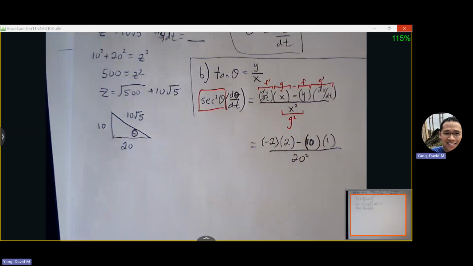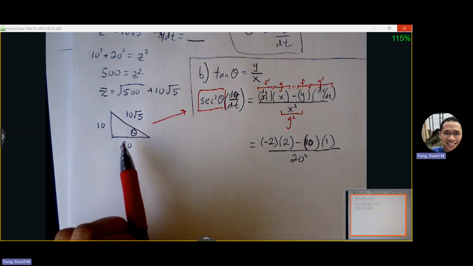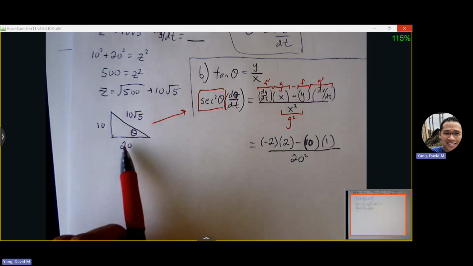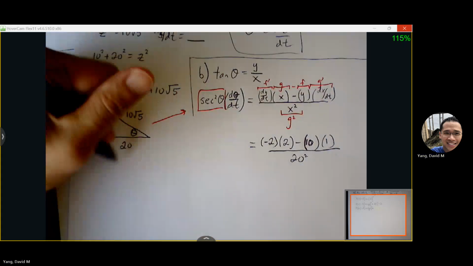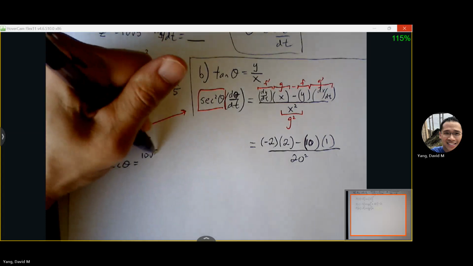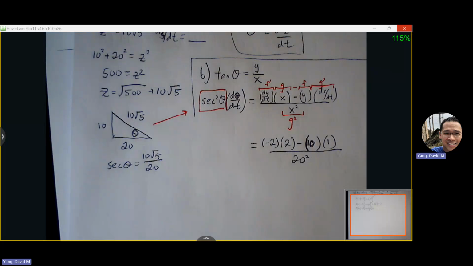So secant is the reciprocal of cosine. Cosine is adjacent over hypotenuse, so therefore secant is hypotenuse over adjacent, which I can reduce to be just root 5 over 2.